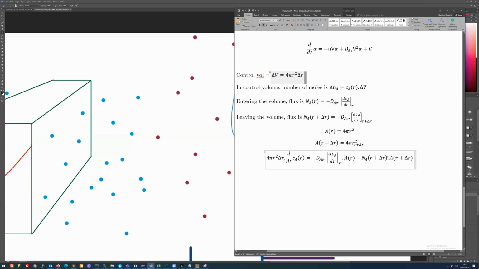And Na at r plus delta r we know is this. And then the area here we know is this. And then, yeah, I forgot to do this one: 4 pi r squared. Okay, and we can see the 4 pi's can all cancel. And we can't cancel r squared because this r squared is evaluated at r plus delta r. But okay, let's get rid of the 4 pi's just quickly.